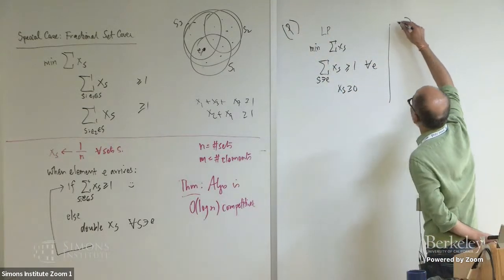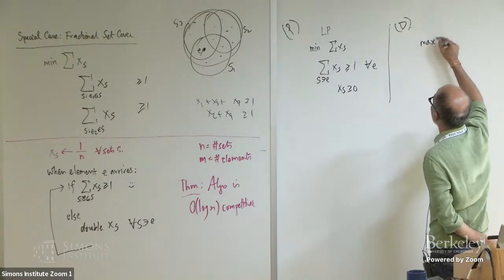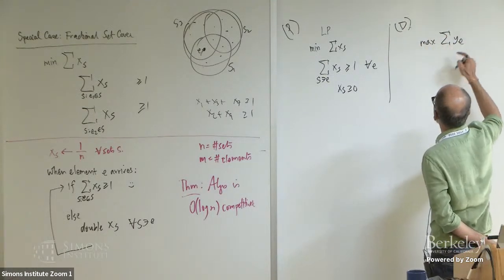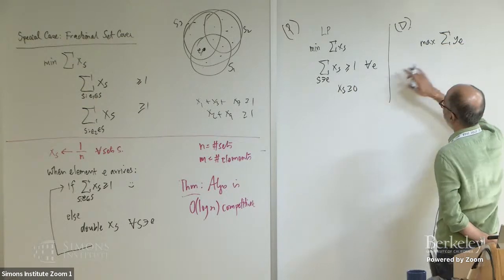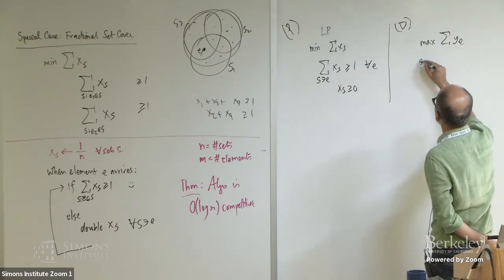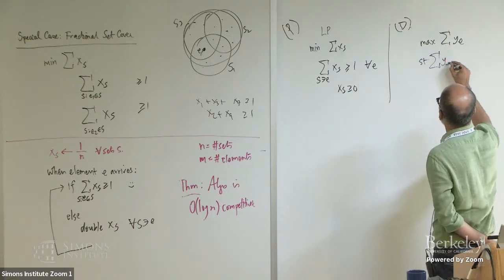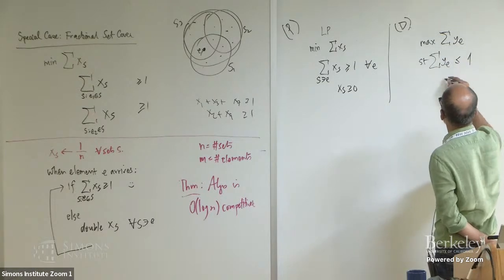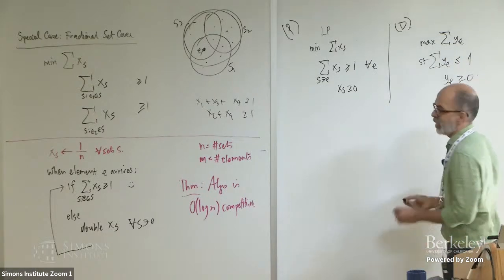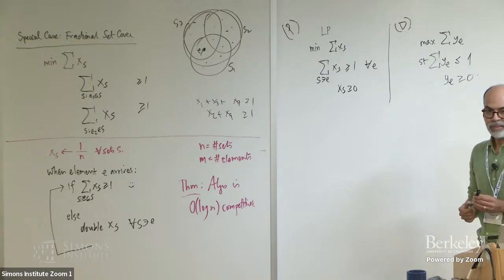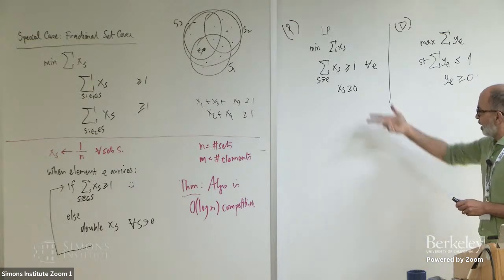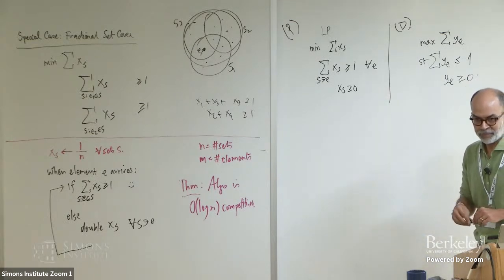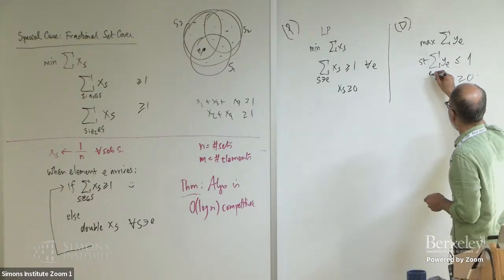And you remember its dual: maximize summation YE, a variable for every element, such that summation of YE over E in S is at most 1 for every S, and YE are non-negative. This is a covering problem, and the dual is a packing problem.